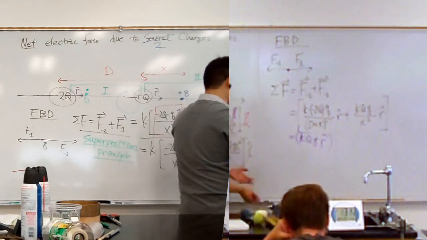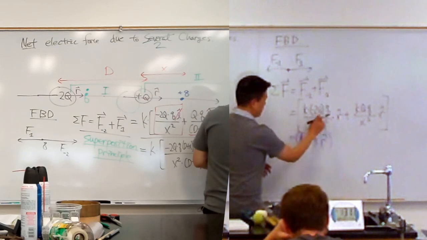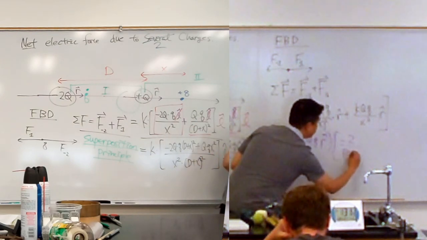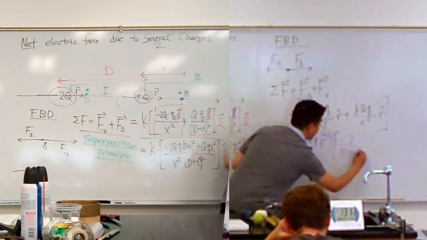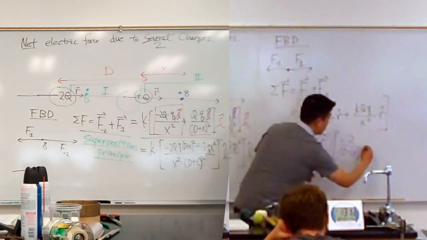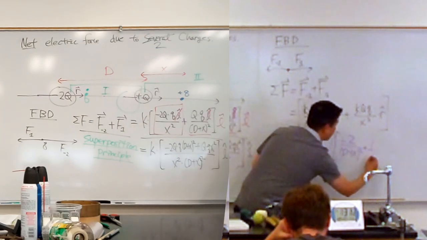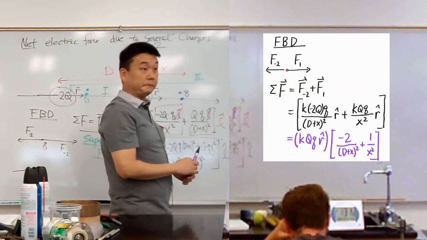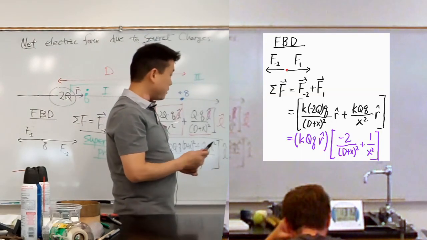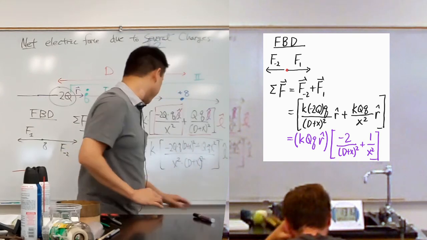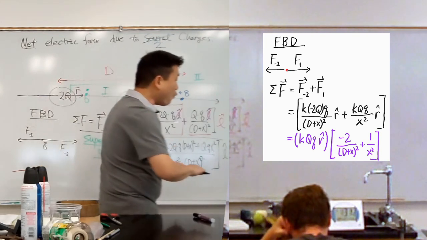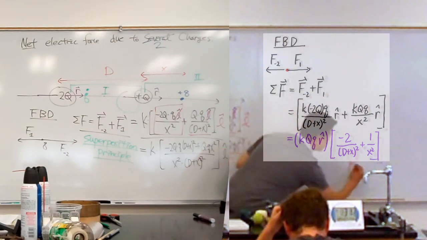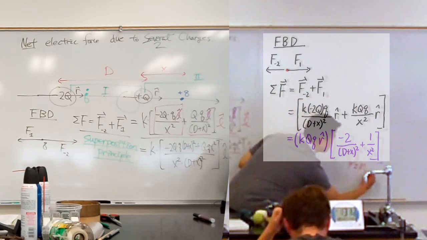So what we are only interested in is times minus 2 over d plus x squared plus 1 over x squared. Okay? So this is what the question comes down to. What is the position x that will make the net force equal to 0?